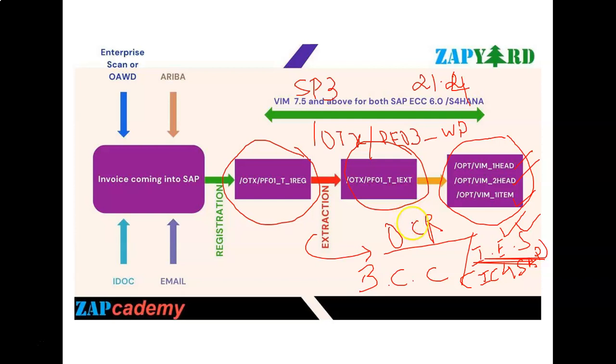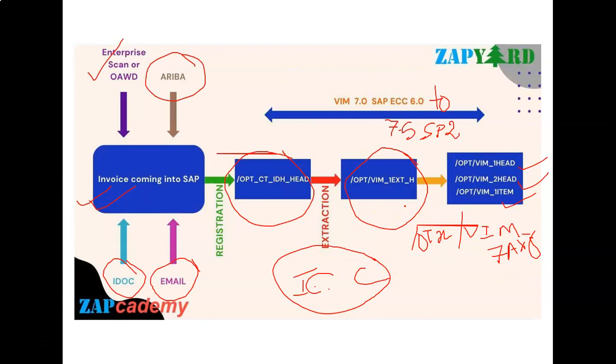And please note, your Business Center inbound configuration replaces your incoming document handling framework and the ICC dispatcher framework from 7.5 SP3 and later. So what I meant is, when I talked about ICC, this was with reference to your incoming document handler framework and your ICC dispatcher framework.